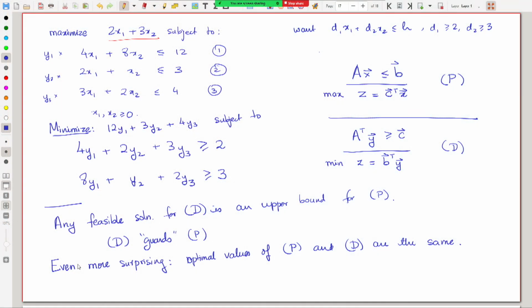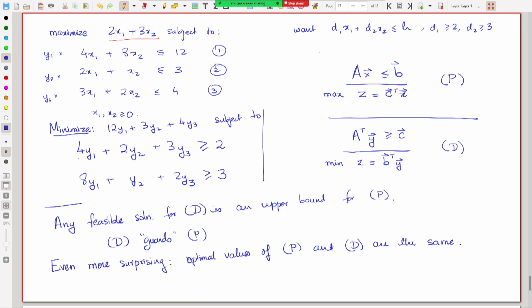We want to minimize this. Can we use these two equations to give lower bounds for this objective function 12y1 plus 3y2 plus 4y3? For example, I could just add the two equations. So I could start with this problem now and do the same kind of analysis that I did there. There is an inherent symmetry here.